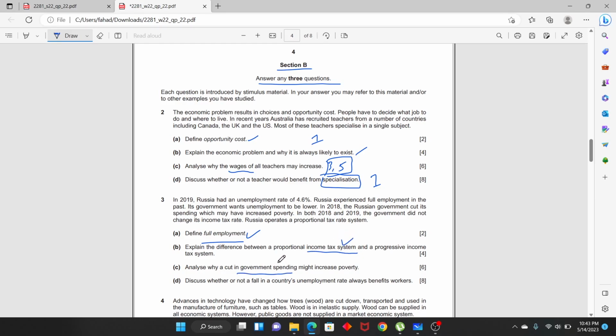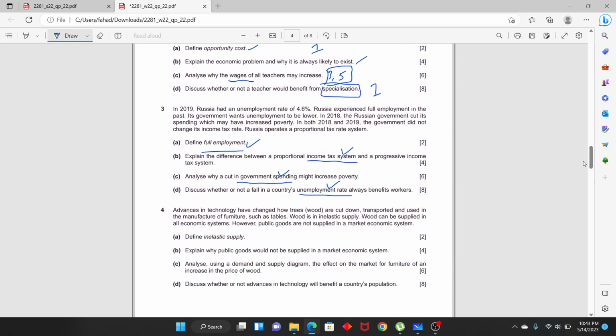Government spending, last section of the question. And the last one is unemployment rate, which is again the last section. So remember, you are going over all the areas of the syllabus. You are being tested in such a way that you are answering all the questions, and you have to just touch all the areas.